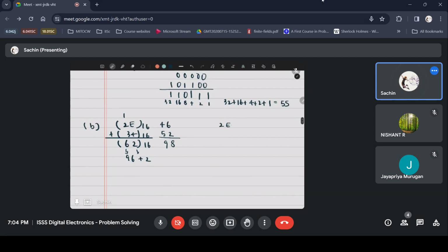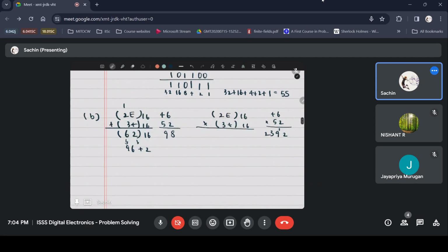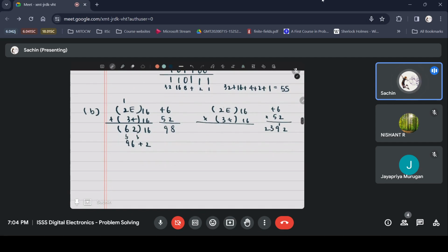Alright, and while you do the product, it's the same thing. Should get 46 times 52 is 2392, and let's do it in hexadecimal. 4 times c, what is that? 4 into 14, 56.